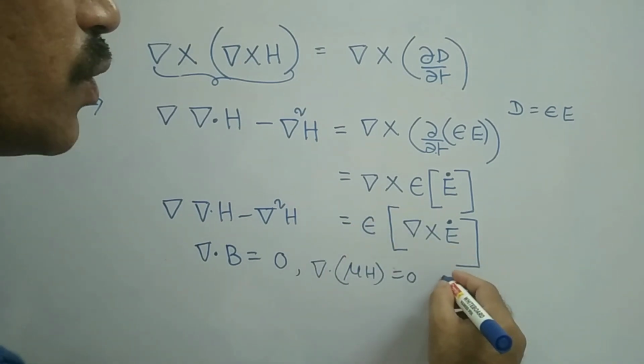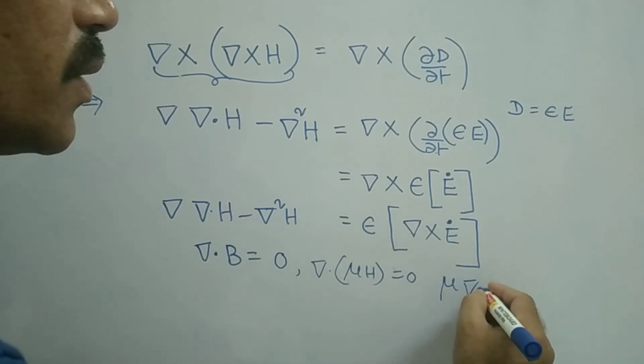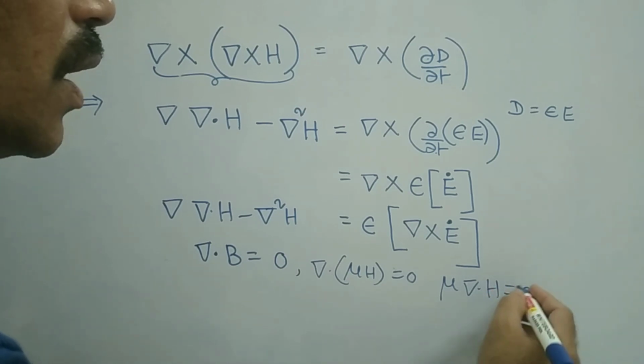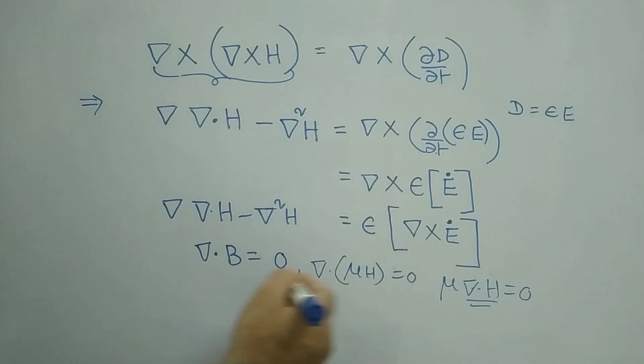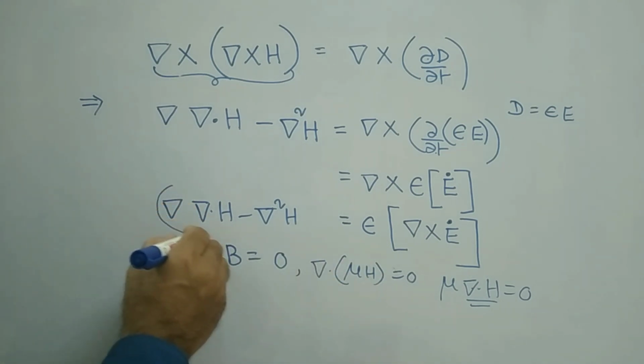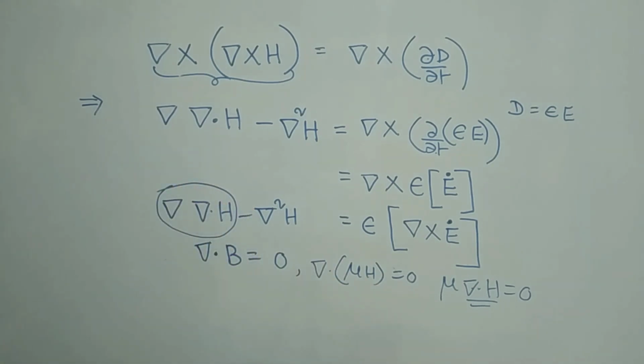Take mu outside, then obviously del dot H equals 0. Therefore, from this definition, this particular part becomes 0.